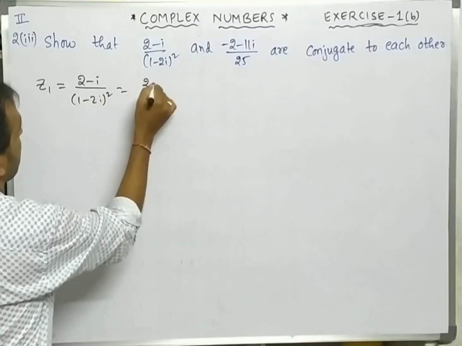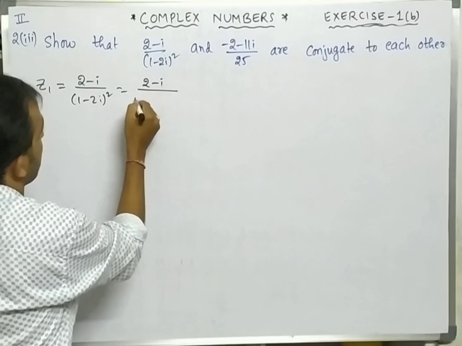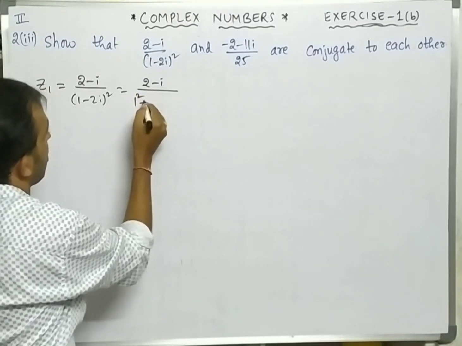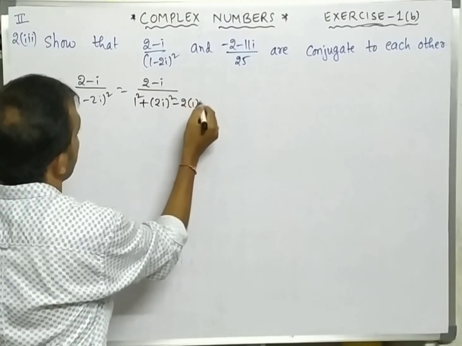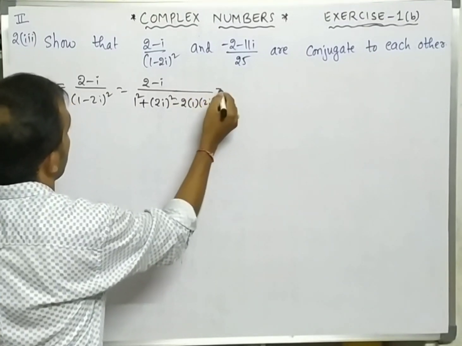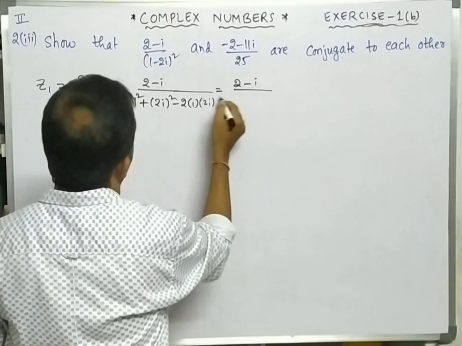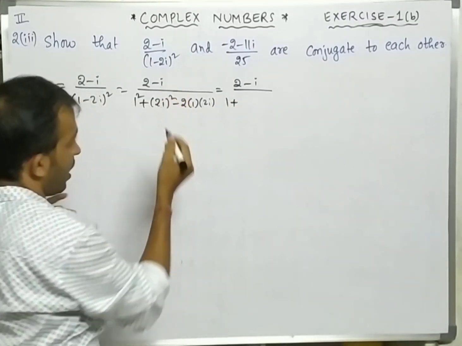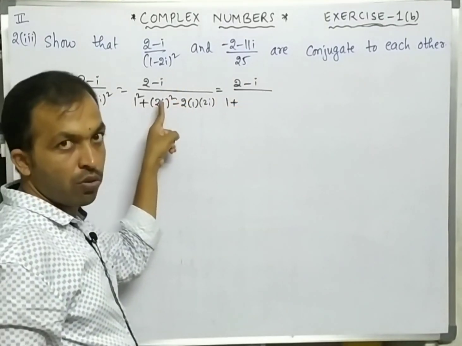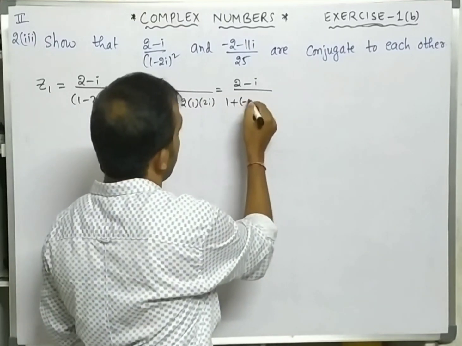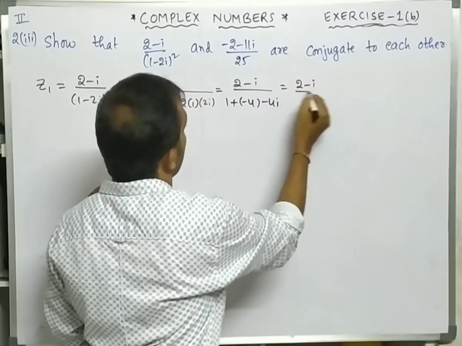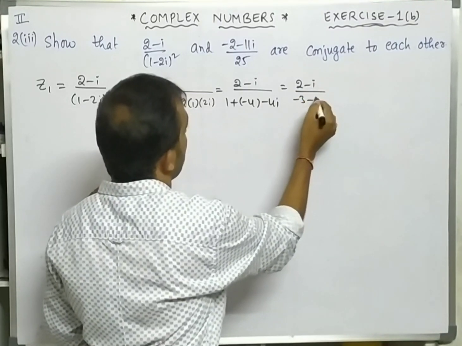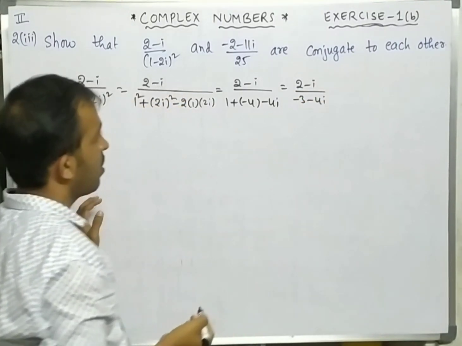That means expand the denominator: 1 square plus 2i whole square minus 2 into 1 into 2i, right? 2 minus i by 1 square is 1, i square minus 1 into 2 square, that is minus 4, minus 4i. So 2 minus i by minus 3 minus 4i, right?